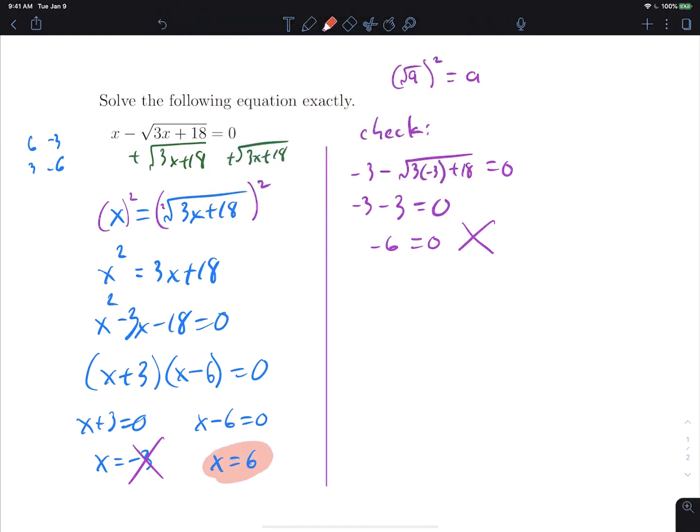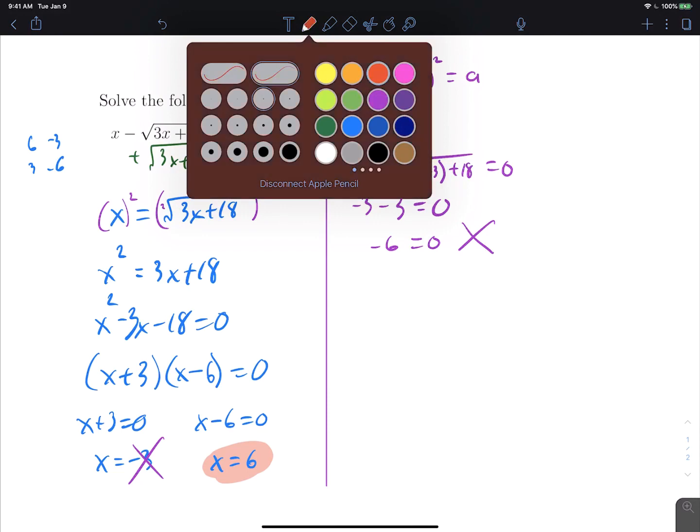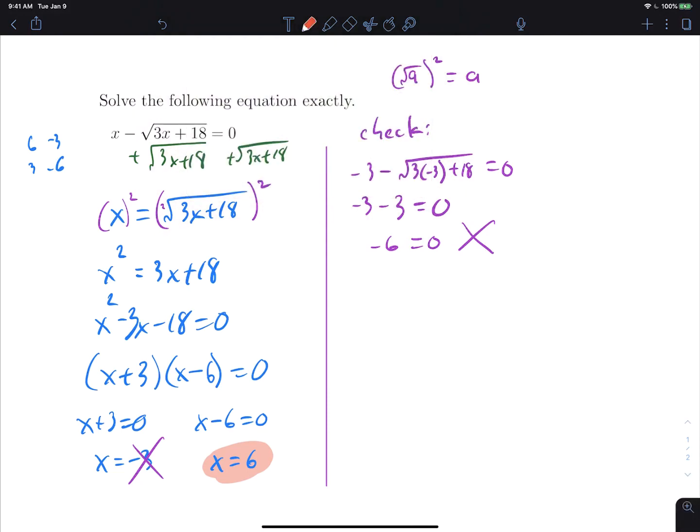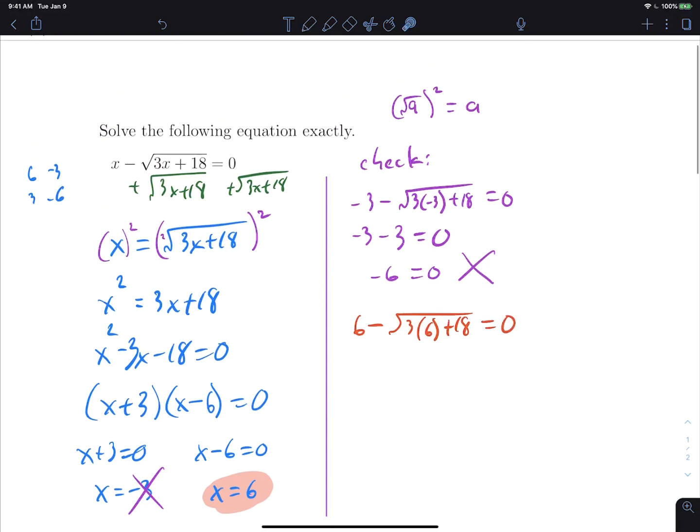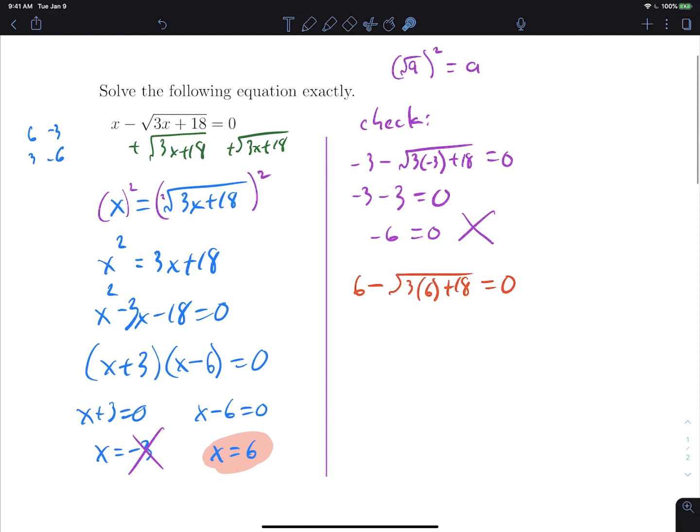Next, let's look at x equals 6. Plug in the 6. That means that we're going to have 6 minus the square root of 3 times 6 plus 18 equals 0. And then we simplify. 3 times 6 is 18. 18 plus 18 is 36. Square root of 36 is 6.